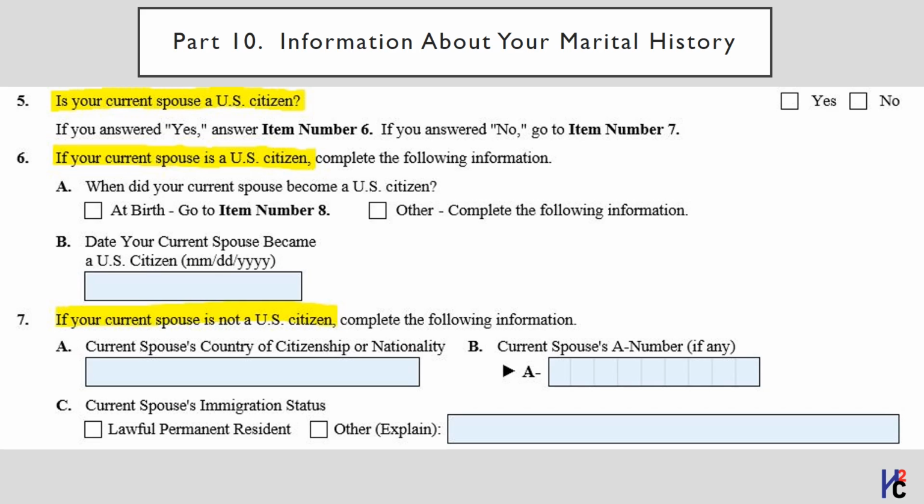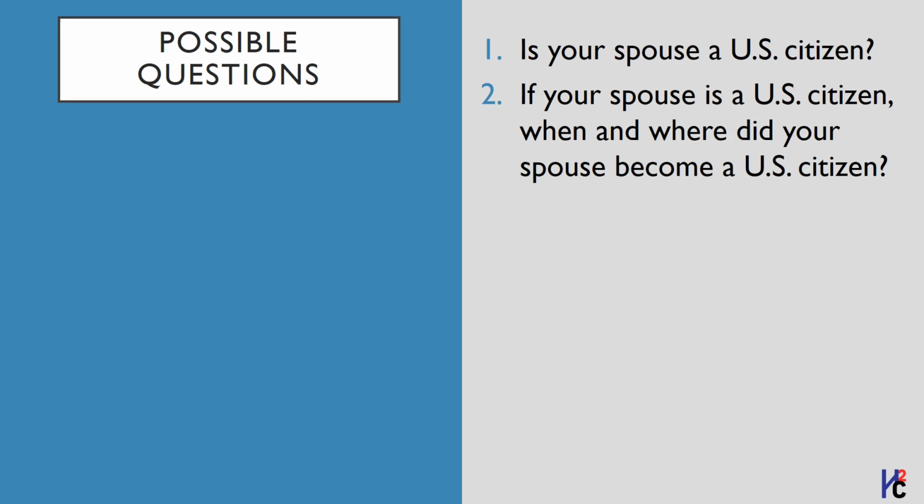Number 7. If your current spouse is not a U.S. citizen, please complete the following information. Number 1. Is your spouse a U.S. citizen?